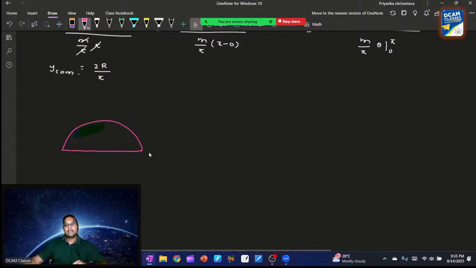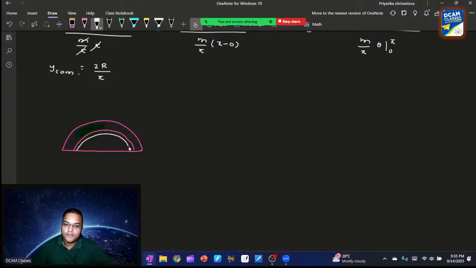See, just like rods, here in this particular case we have to consider rings, because for a ring the result you already know.